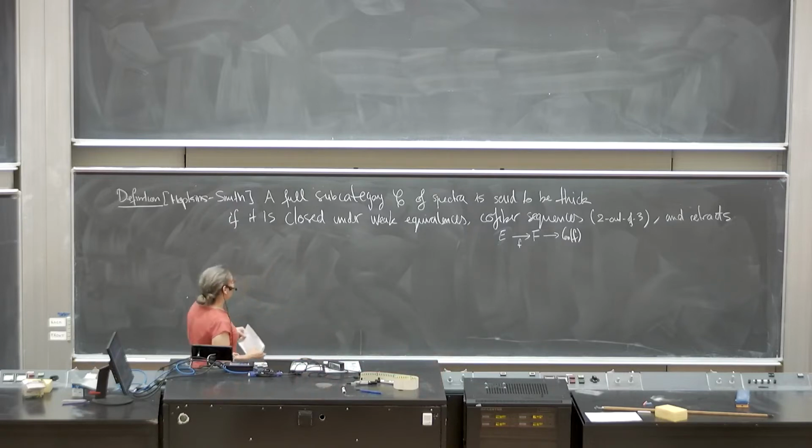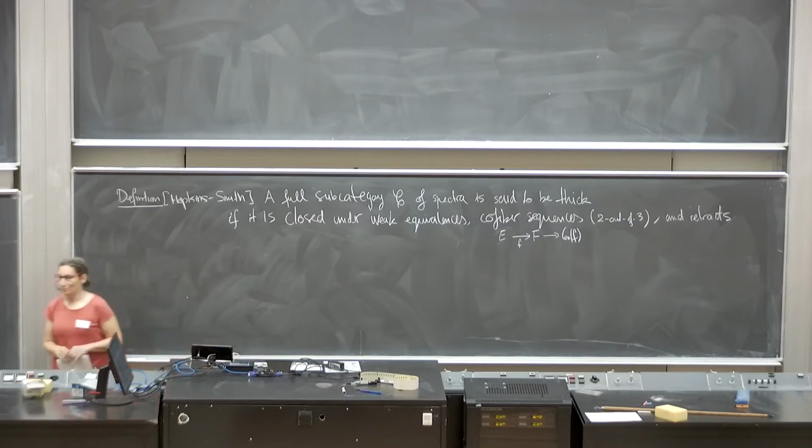And so the goal is, instead of classifying the objects up to isomorphism class, which comes within the category, the goal that Hopkins and Smith achieved is to classify all thick subcategories, right? And which information is this classification giving you?